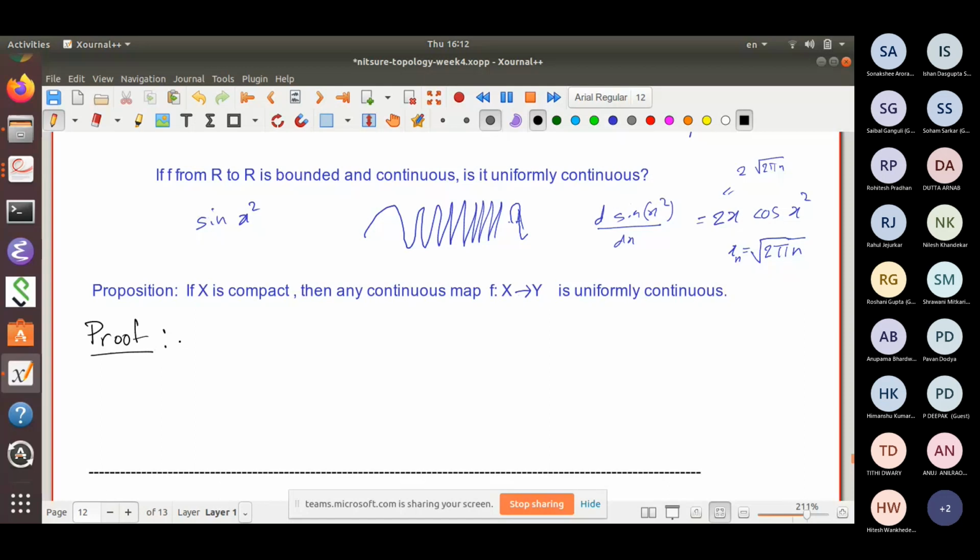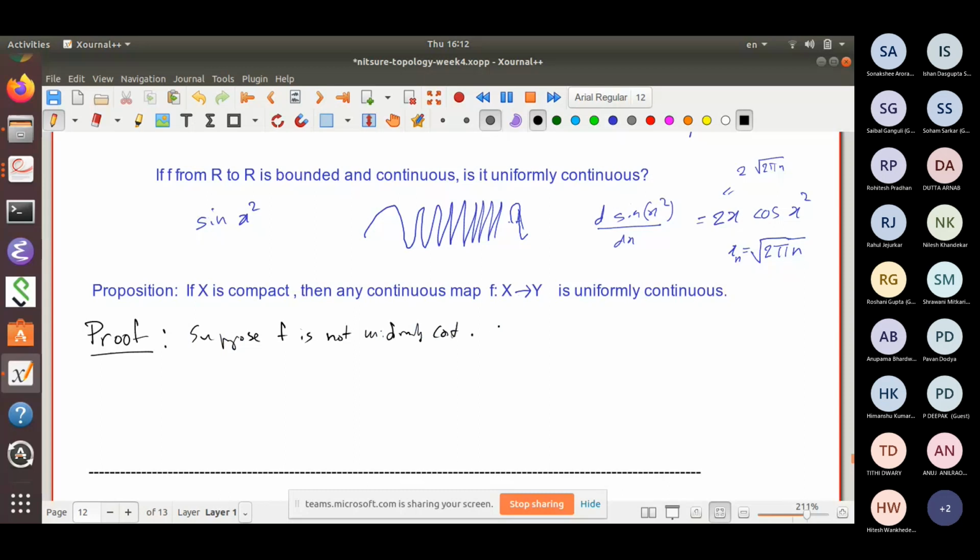Here's a proof. Suppose it's not uniformly continuous. Suppose not. f is not uniformly continuous.